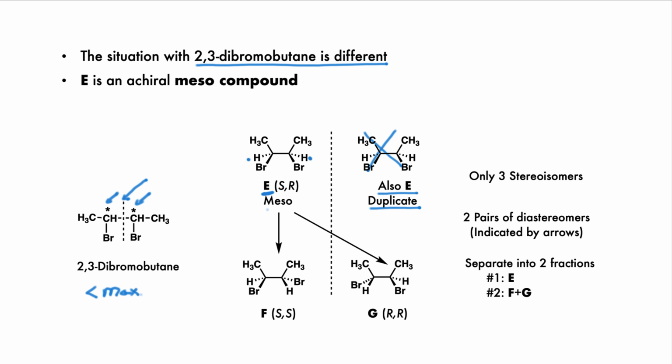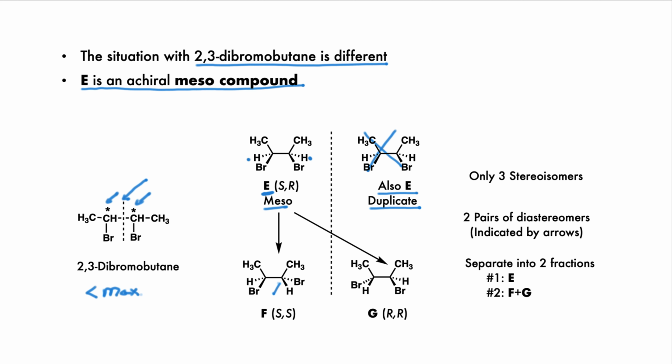E is a type of achiral stereoisomer called a meso compound. We'll discuss meso compounds on the next slide. We need to draw the rest of the stereoisomers.